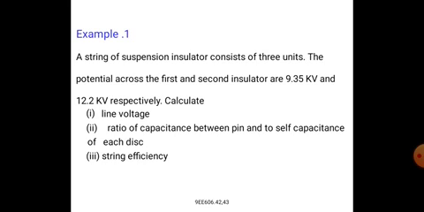So first we have to read the problem carefully. Here the suspension type insulator consists of 3 units, which means three capacitors will be connected here, with potentials E1, E2, E3. The potential across the first and second insulators are 9.35 kV and 12.2 kV.